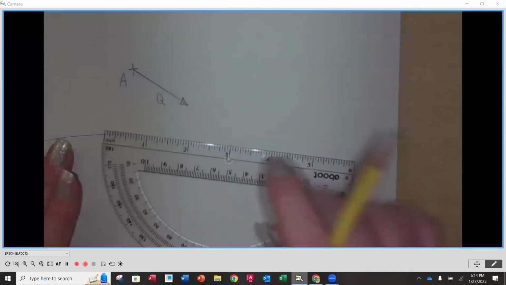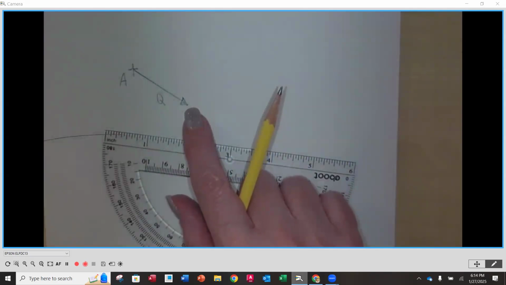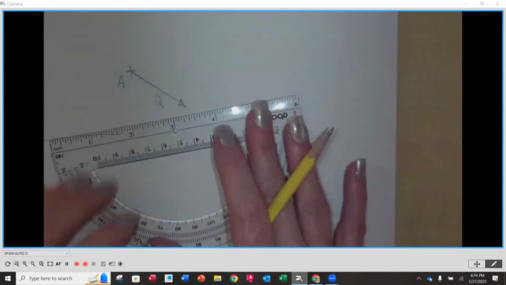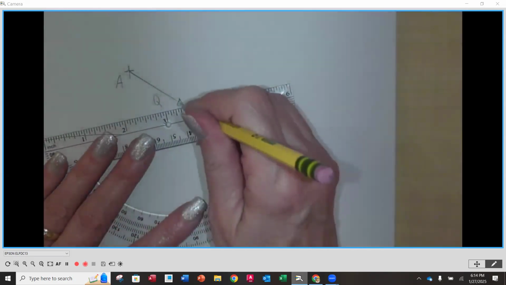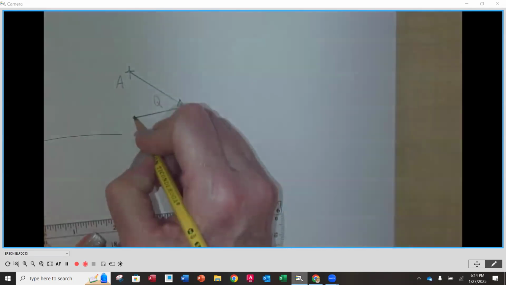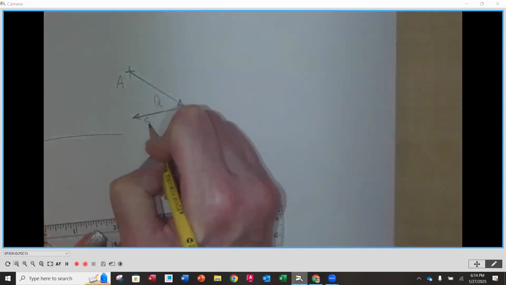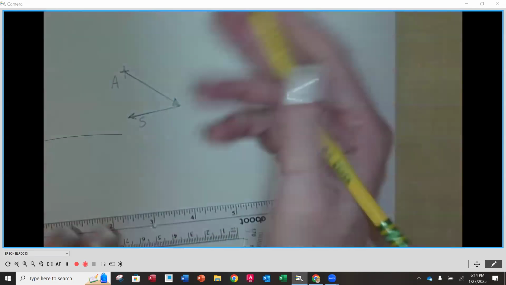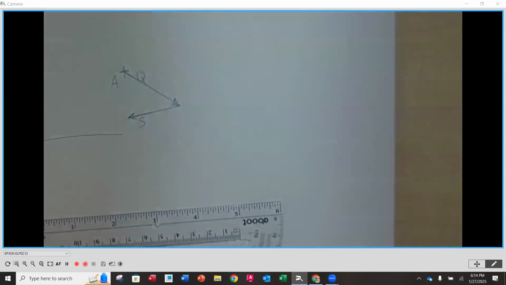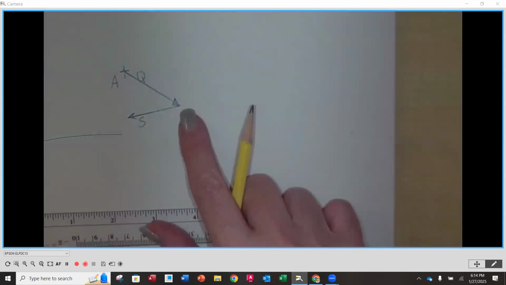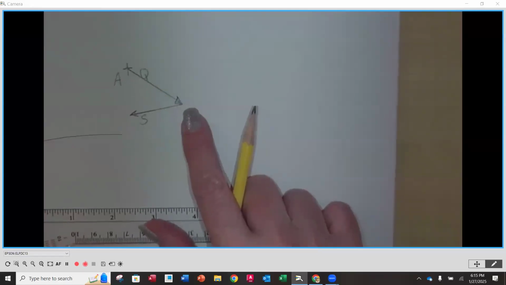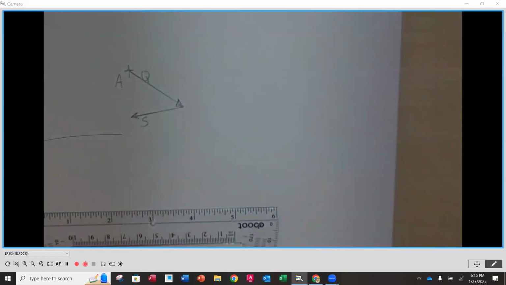So if I go back underneath here, I'm going to go to the tip of my Q, and I'm going to make S go back this way. So this is why I use pencil. So now I took the tail of my S and I put it at the tip of the last vector. So I'm just doing these tip to tail, tip to tail. Okay.